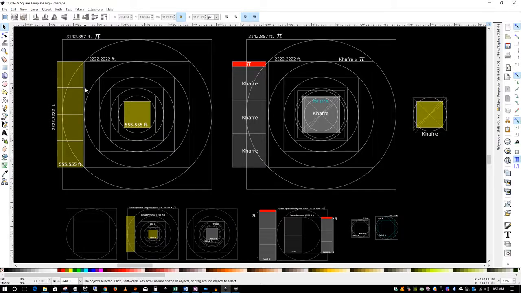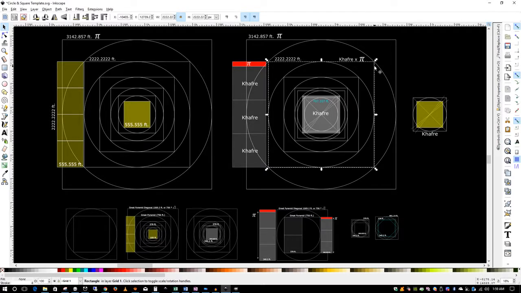So what I decided to do was start from this larger number, and if you notice, it is 3142.857, which is basically the number representing pi. This number, 2222.2222, in a way is kind of like 22 over 7, because Khafre is 707.